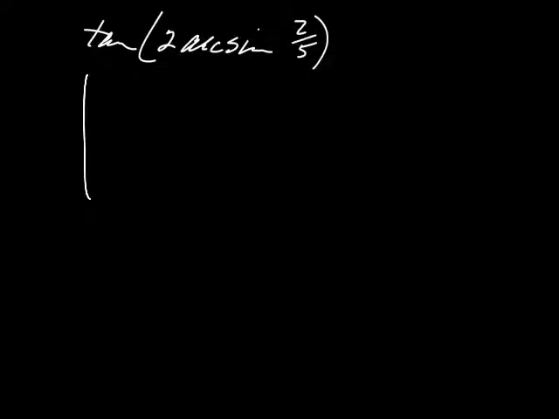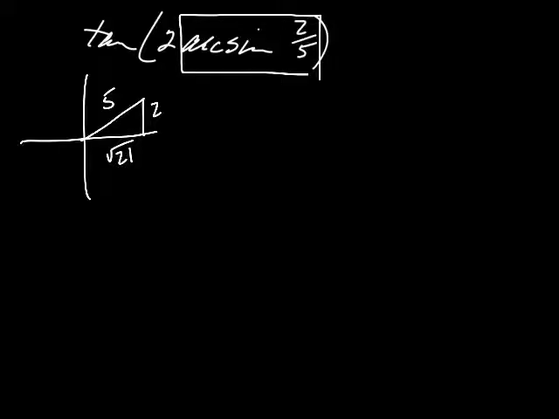So let's draw that here. We're in quadrant 1. Sine is opposite, 2 over 5. This one's going to be the square root of 21, using Pythagorean to find that. And we're going to say that this is our B. We're going to set that equal to B, because that's an angle that has as its ratio 2/5.